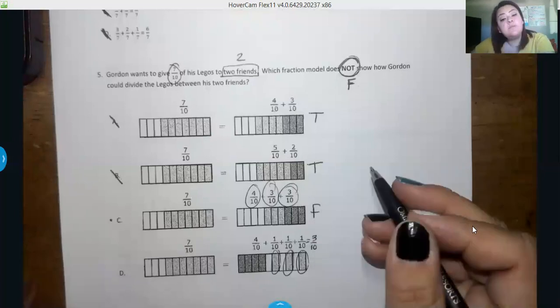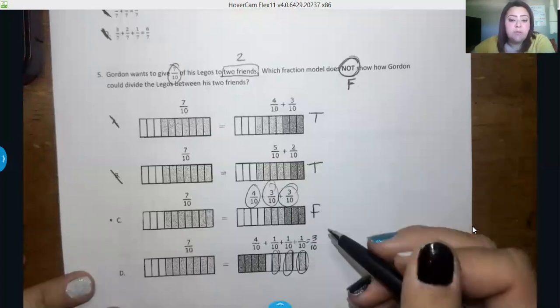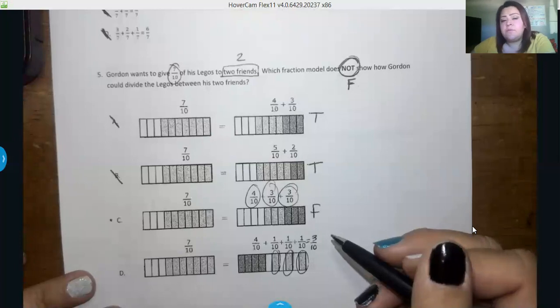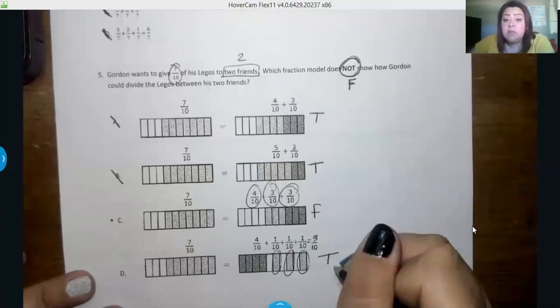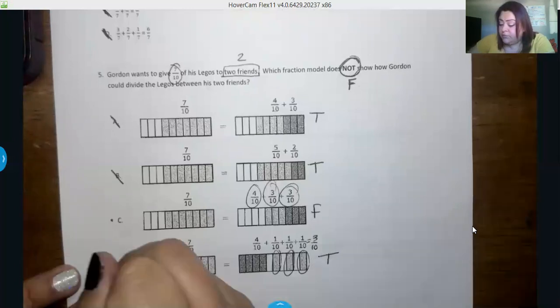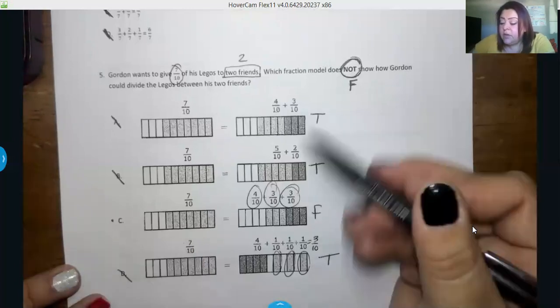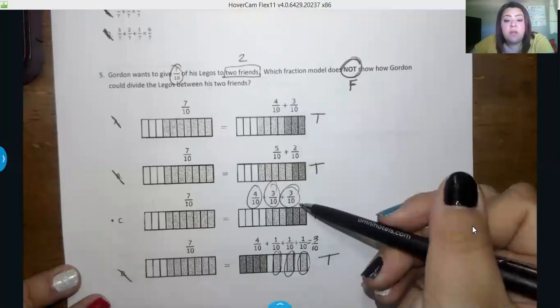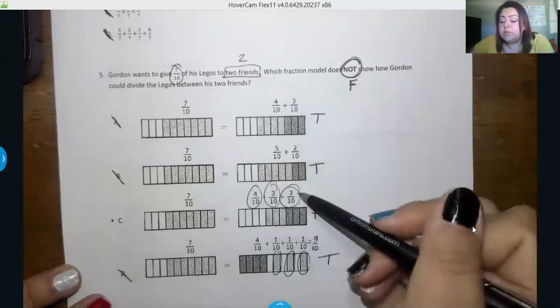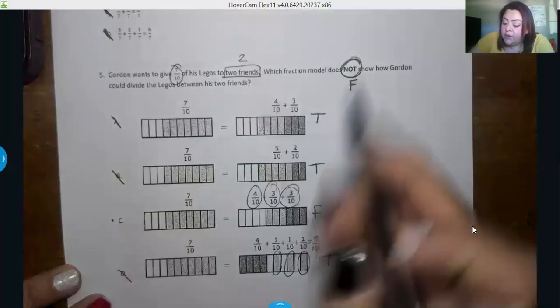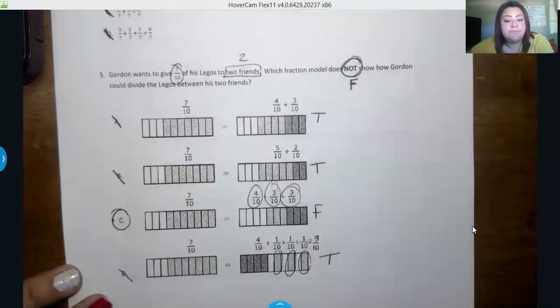So don't get confused with that because you're going to see this and think, wait a minute, this looks a lot different. No, they still equal 3/10. So this is still true, which again, we don't want true. The way this already threw me off is because they split it up between 3 people and I know there's only 2. So this is false. So this is the answer I'm looking for.